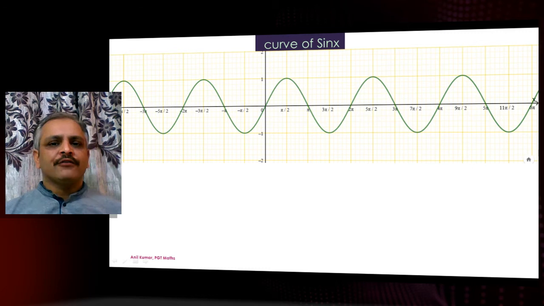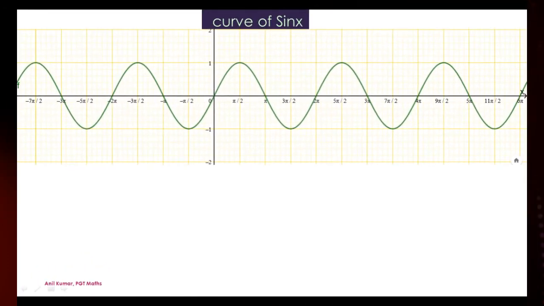So this is my curve of sine x, and if you observe, after every interval of 2 pi, the curve attains its maximum value as well as minimum value and it will start repeating itself. If I go further, again up to 2 pi, it will be the same as the previous one. So I can make the partitions of 2 pi.